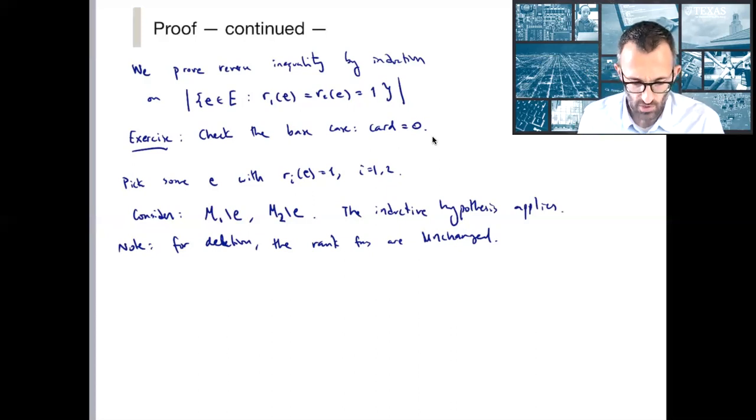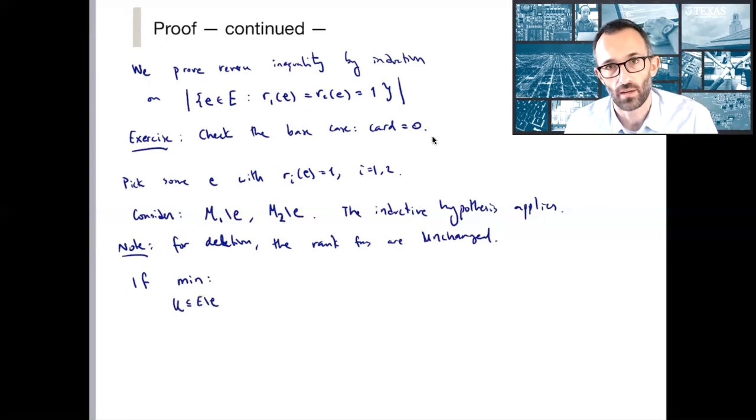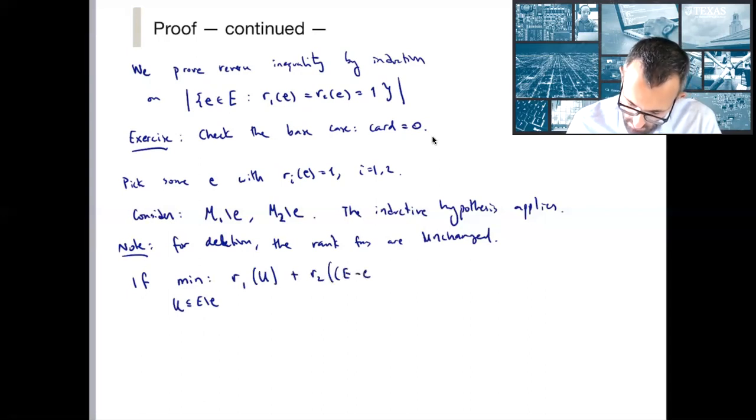So the rank functions are unchanged, and so now let's ask what happens if this minimum, over all U that are a subset of the ground set excluding this particular element that I've deleted, of R1 of U plus R2 of E minus E minus U, happens to be greater than or equal to Z star.